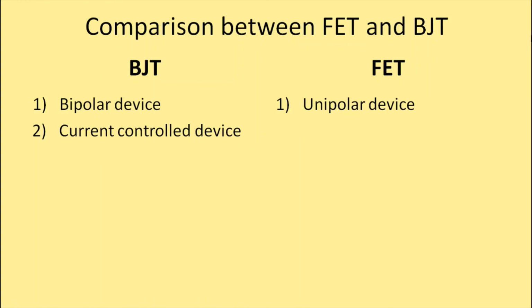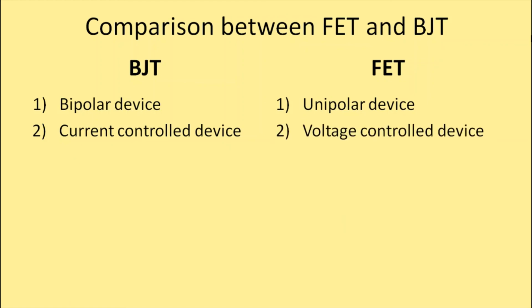The second difference is BJT is a current controlled device. Students, remember last year I always used to give you one equation, that is IC is equal to beta times IB. So IC is the output current which is controlled through the input current IB. That is the reason why we call BJT a current controlled device.